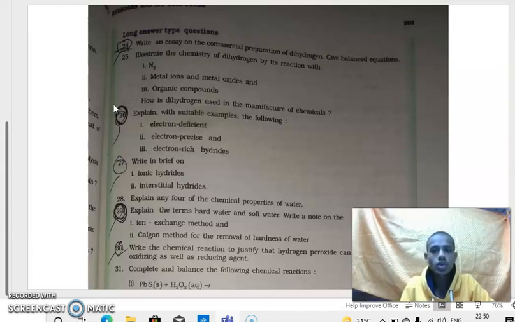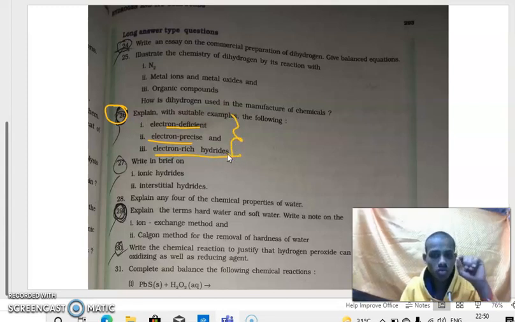In this chapter, you need to more focus on the questions that are, explain with suitable examples the following: electron deficient, electron precise, and electron rich hydrides. This is one of the most important questions.